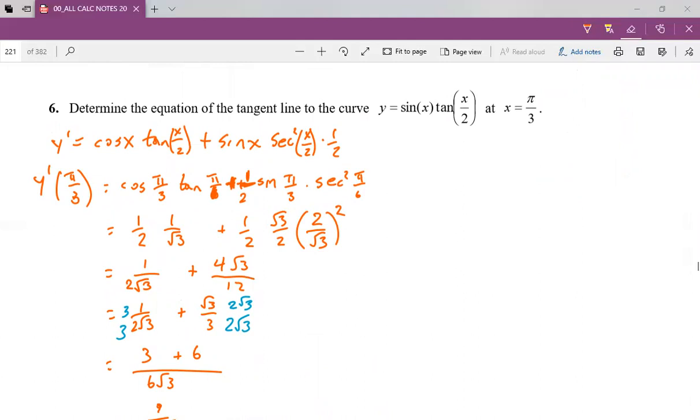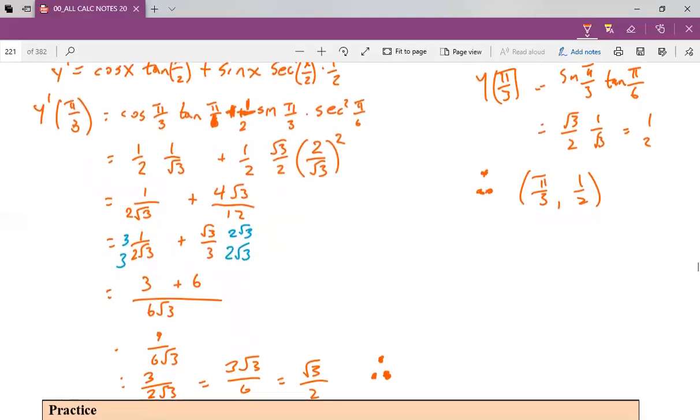When x is pi over 3, y at pi over 3 ends up being equal to sine pi thirds times tan of pi thirds over 2, which is tan pi 6, which is root 3 halves, times 1 over root 3, the tan of pi 6. All of that together ends up being 1/2. So therefore, the point that we are using is pi thirds, 1/2.